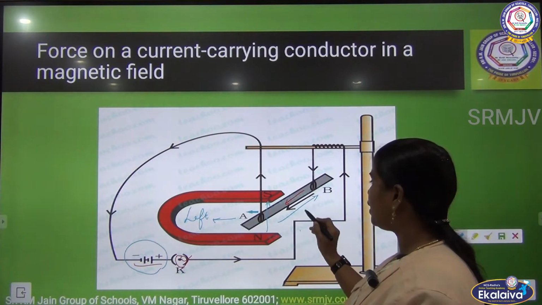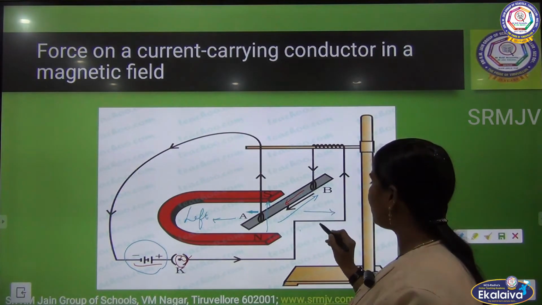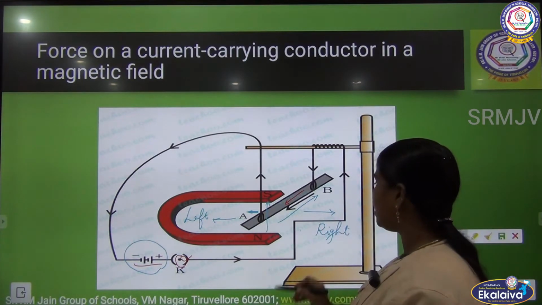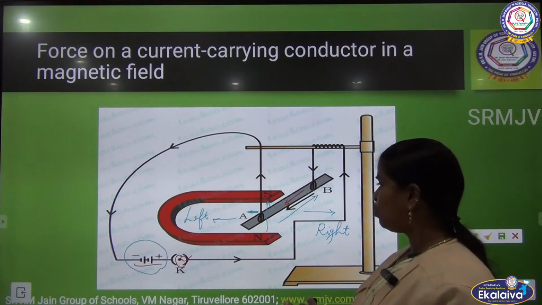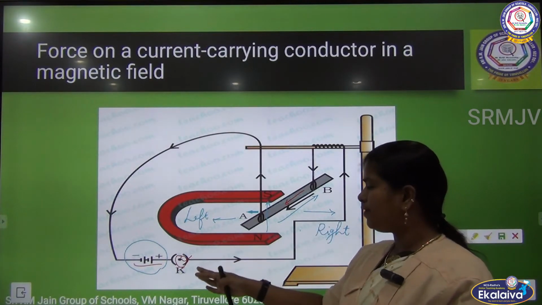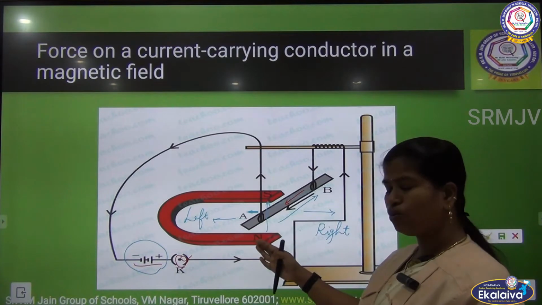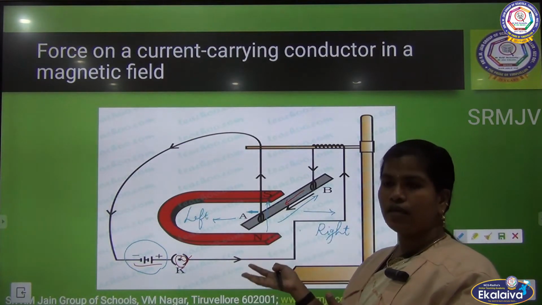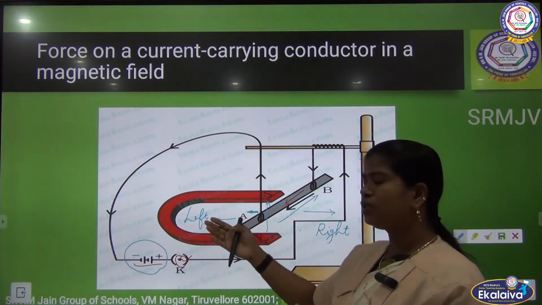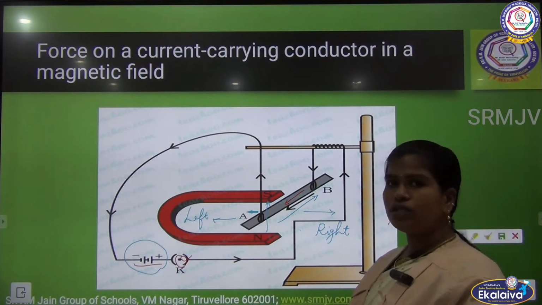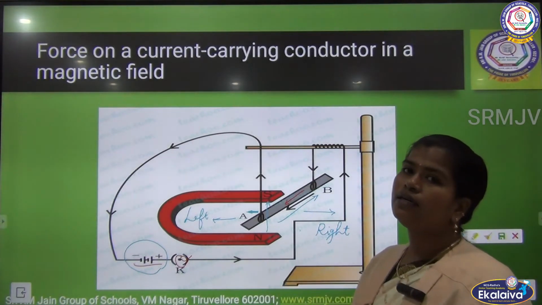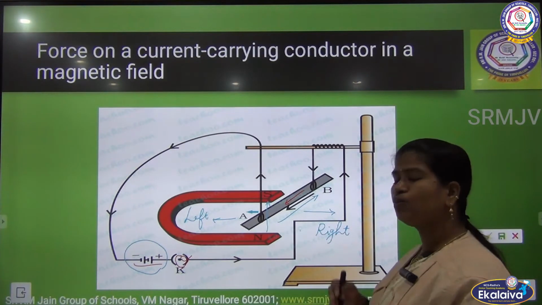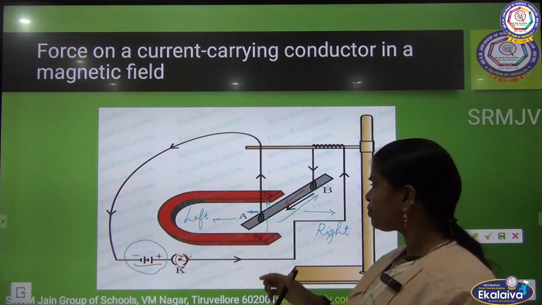So now the aluminium rod will move towards the right side. This is another observation. In the first case, when current flows from B to A, the rod moves towards the left side. When I reverse the current, the force is also reversed and makes the rod move towards the right side.